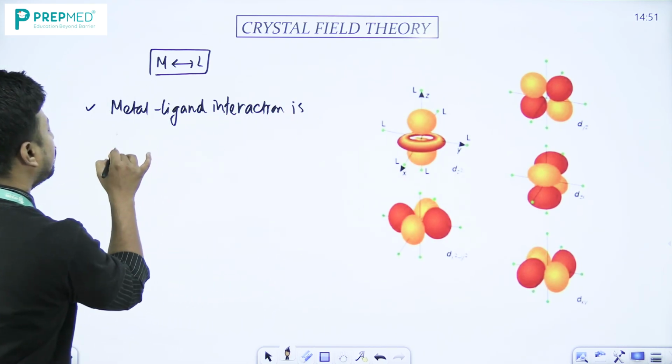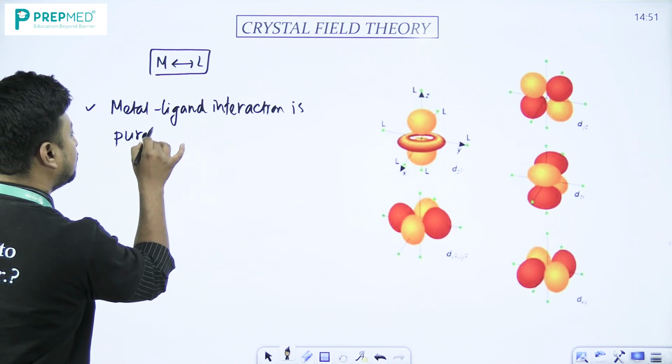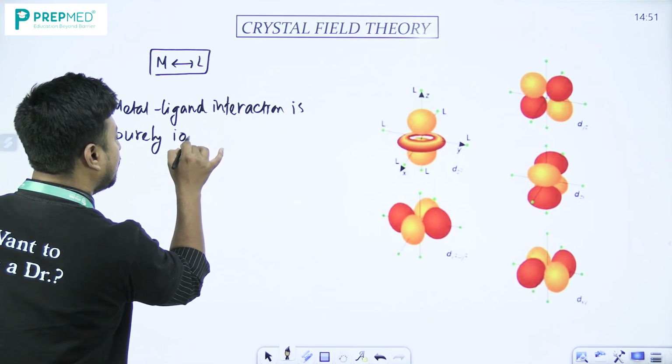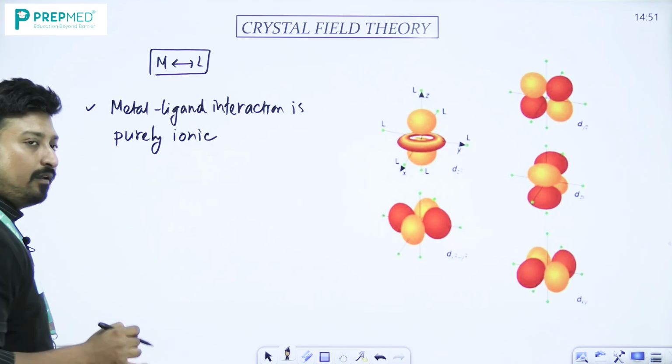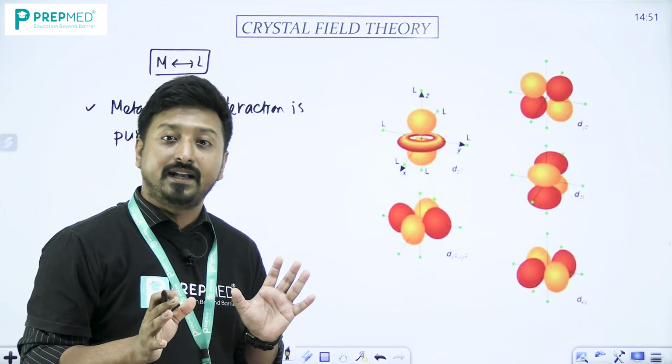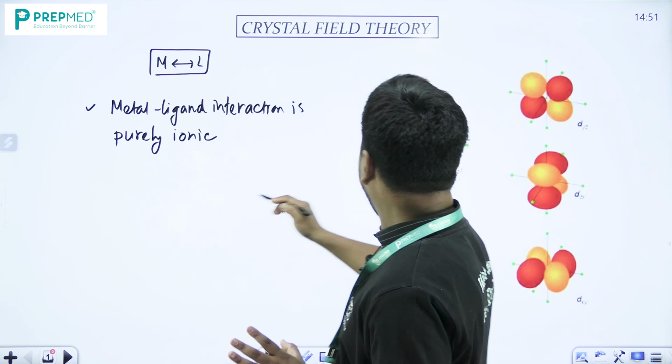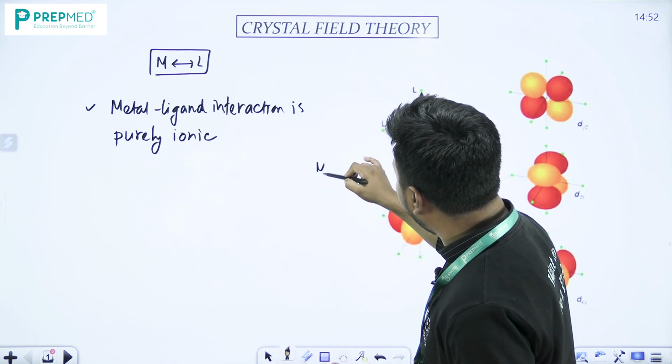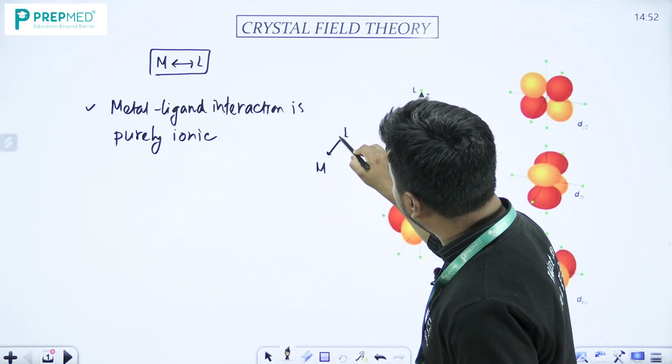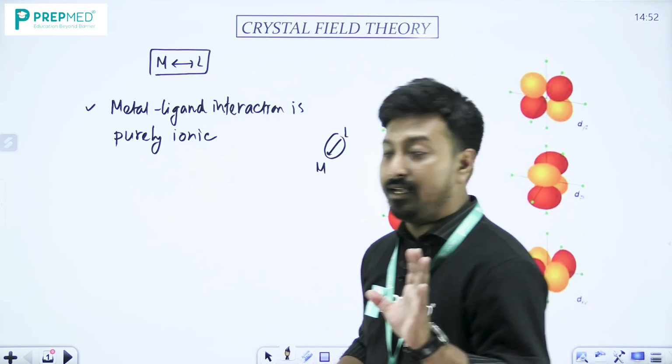is purely ionic, which means there will be an electrostatic interaction between the metal center and the approaching ligand. This will be a completely ionic interaction.